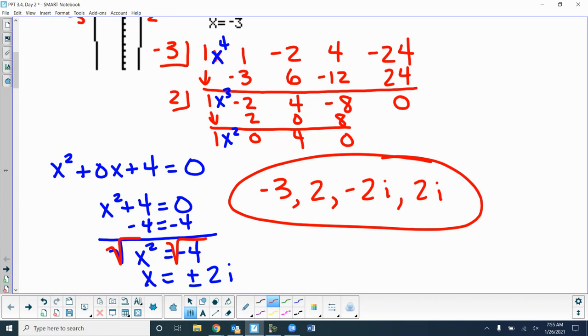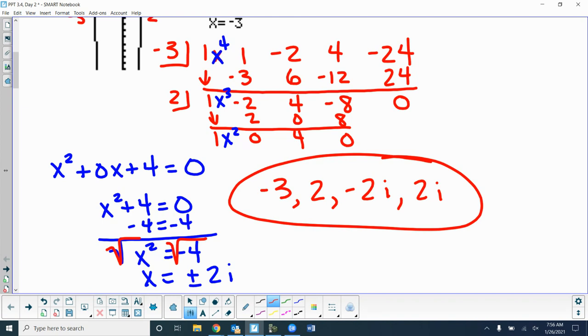So that's going to happen sometimes where we can't see all of them. So we have to simplify it by using synthetic division. Does that make sense? Any questions on that? Okay. So when you only see two of them in the graph, you just go straight to the synthetic division, and use those two numbers.